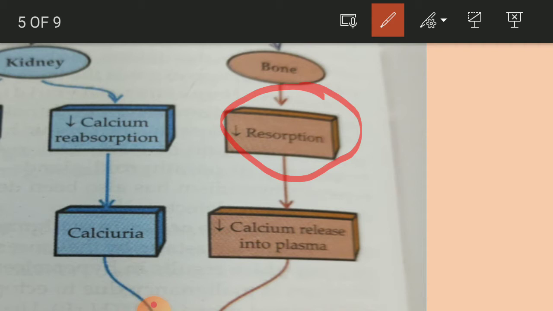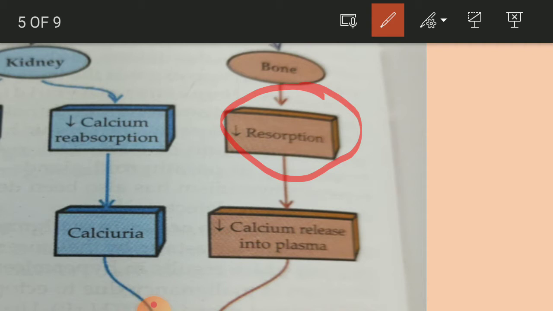This is the action of parathyroid hormone, we have learned. But when there is calcitonin release, what happens? The activated osteoclast loses its ruffled border, and thereby it can no longer remain attached with the bone surface, and its activity to dissolve the bone gets diminished.